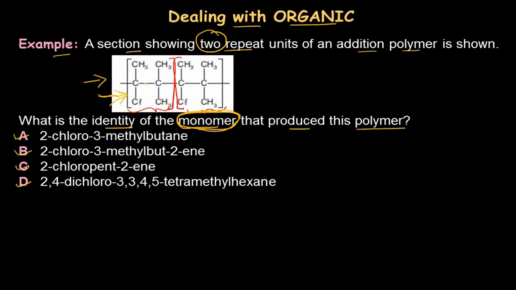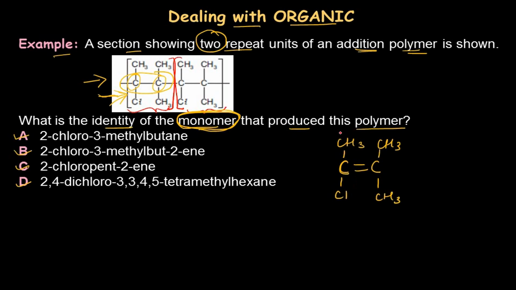As we know, the repeat unit has only 2 carbons, and it is an addition polymer, as already given in the question. To make the monomer of this polymer, we need to work out the structure. What I'm drawing is these 2 carbons, shown here with CH3, Cl, again CH3 and again CH3 here.